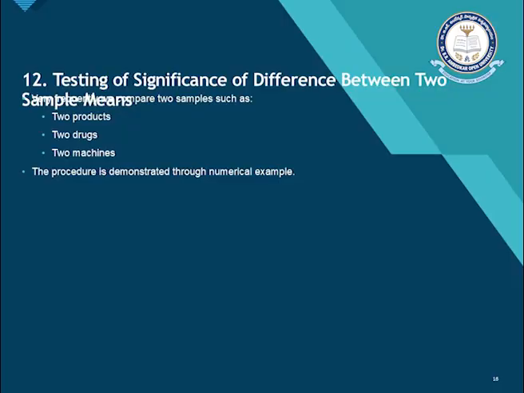Similarly, testing the significance of the difference between two sample means: for sample 1 calculate the mean, for sample 2 calculate the mean. Very frequently we compare two samples, such as two products, two drugs, two machines. The procedure is demonstrated through a numerical example.